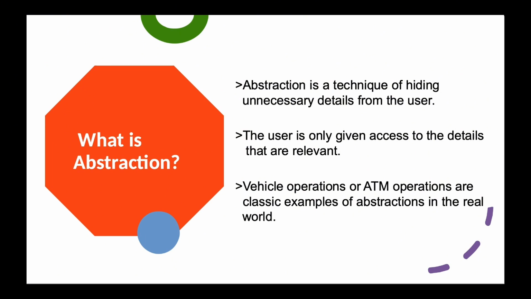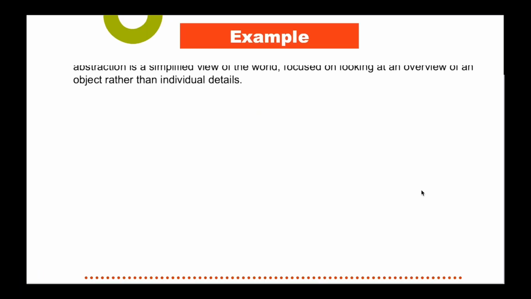But when you go into it, there are a lot of hidden parts in the laptop or in the phone that you don't even know. So those hidden things are what we are calling abstractions. Abstraction is a simplified view of the world.